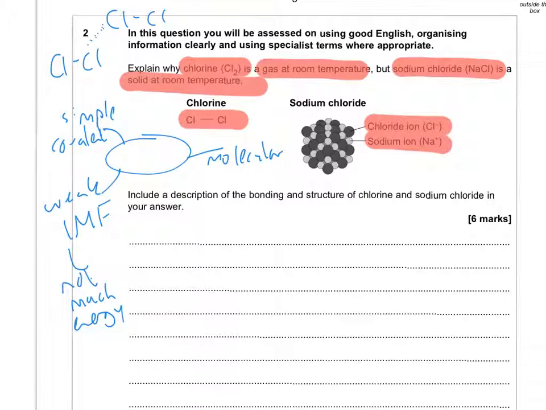Looking at sodium chloride, now we've got ionic bonding, we've got strong electrostatic forces, and we've got to refer to it in those terms between the negative chloride ions and the positive sodium ions.